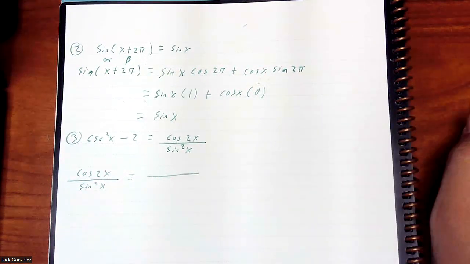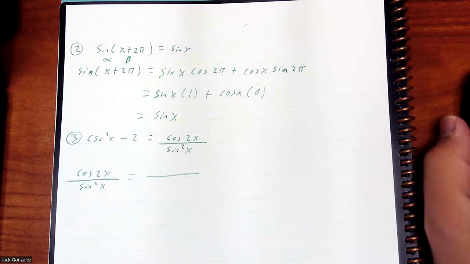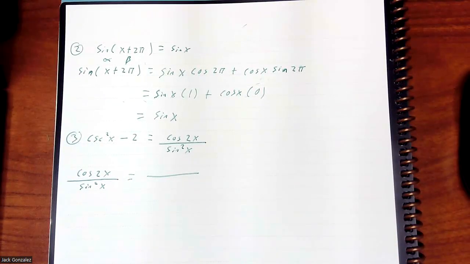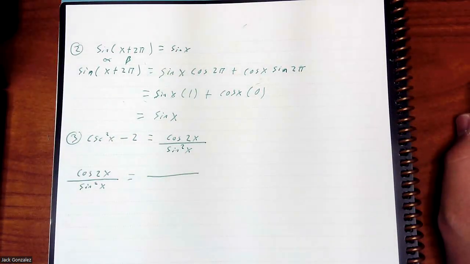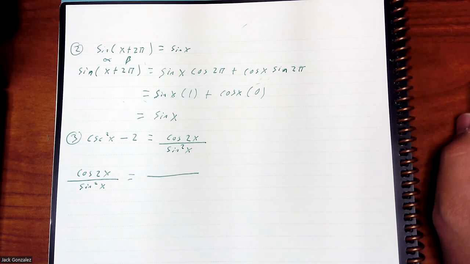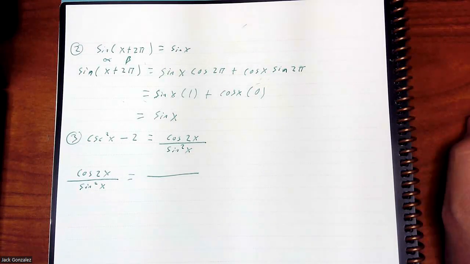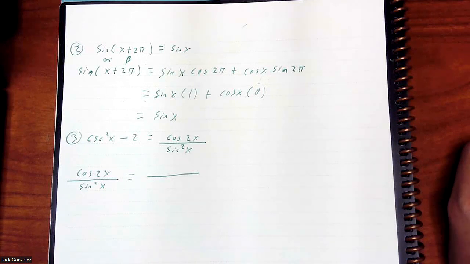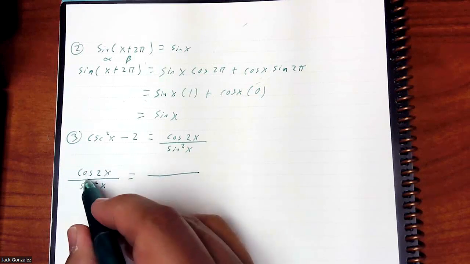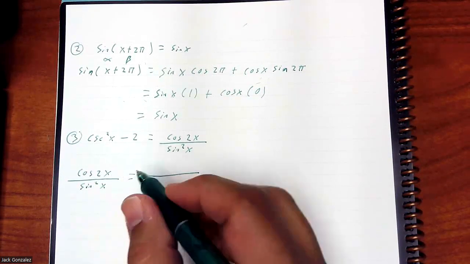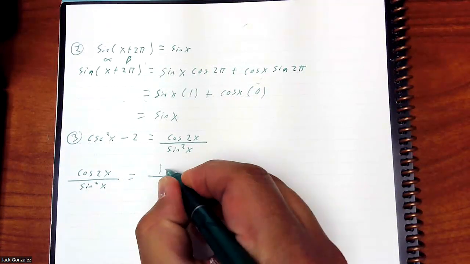Let me look them up. Double angle. I'm going to choose the one that has sine in it, because maybe it'll cancel this sine. That's my logic. Okay. So I'm thinking let cosine 2x equal this version of the identity.